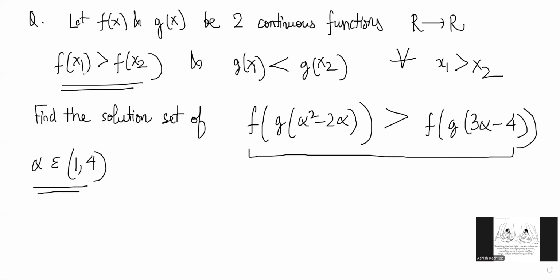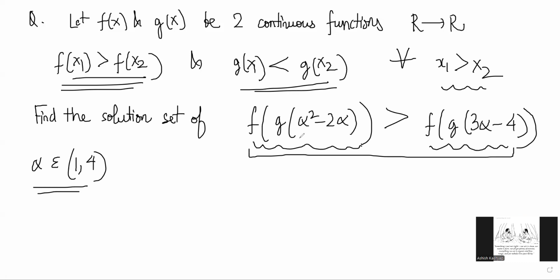Is it visible to everyone that f is increasing and g is decreasing? That should be clear to everyone from here. If f is increasing, then look at the outer function.